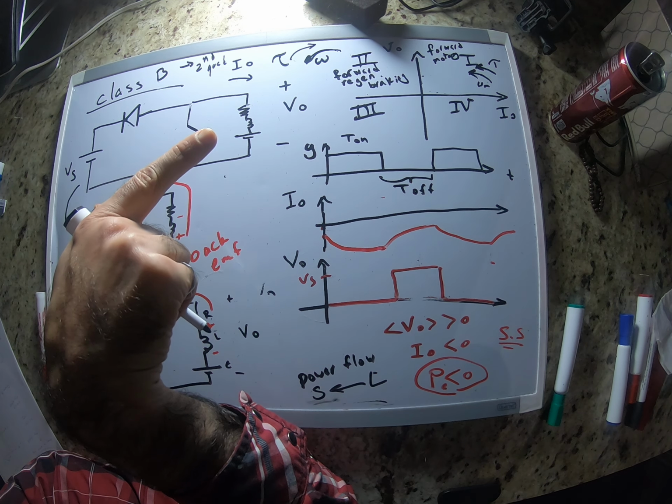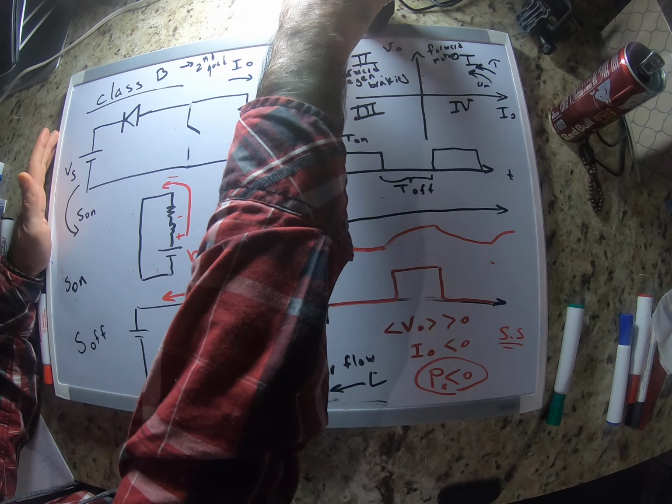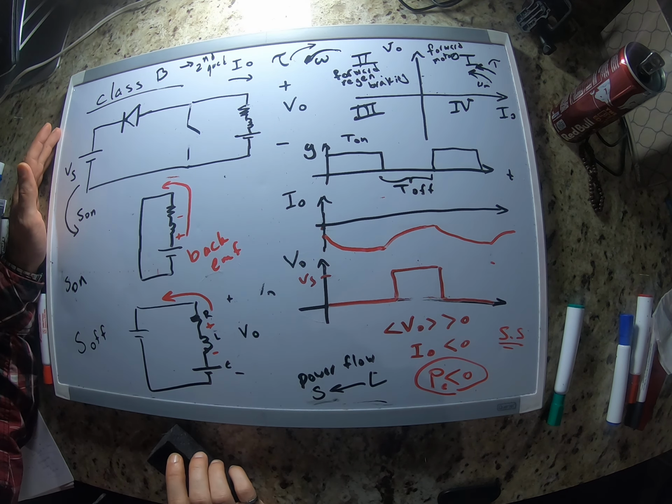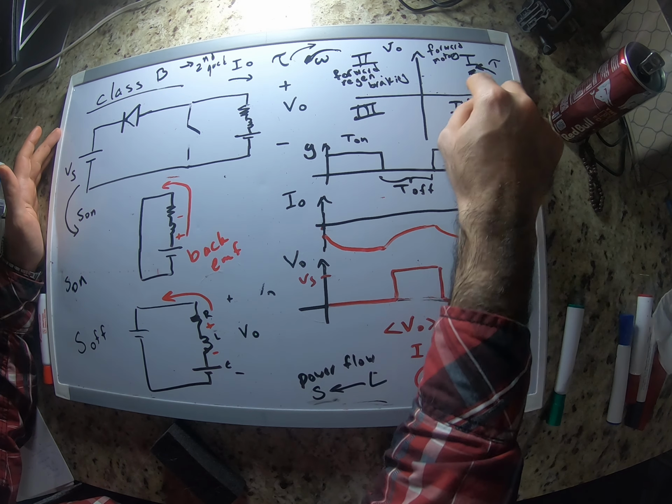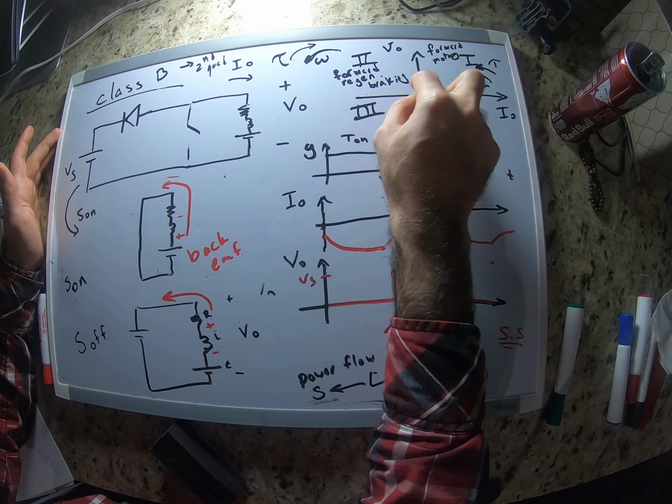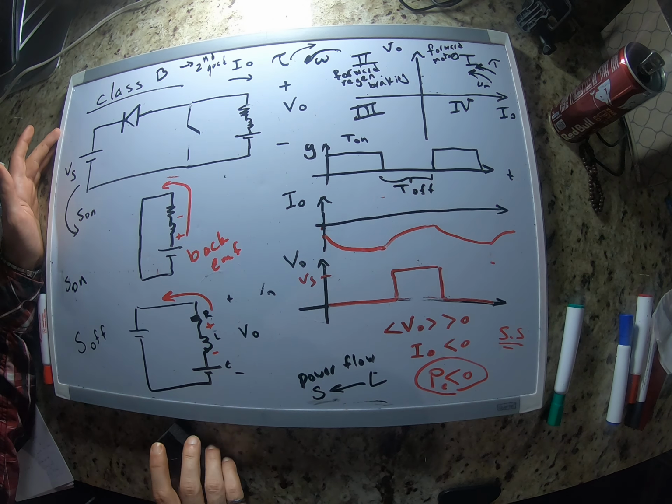So that was class B chopper. Class A chopper and class B chopper both only operate in one quadrant. Class A only operates in the first quadrant. Class B operates in the second quadrant.